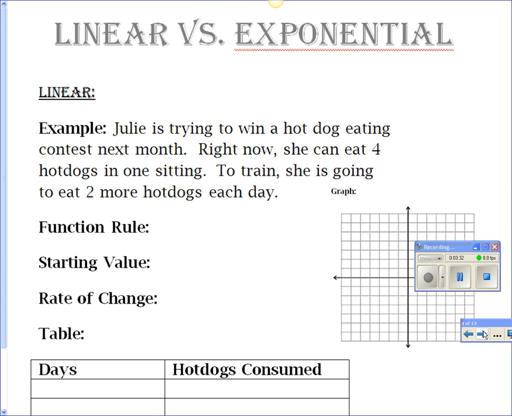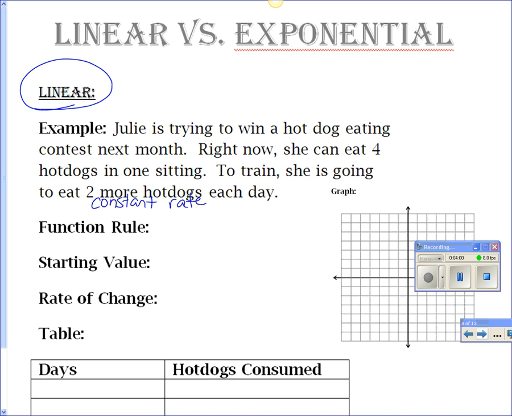So first of all, why is this linear? Because she's eating 2 more hot dogs. Every day she's going to eat 2. That's a constant rate. So that makes it linear. Okay, so that's the first thing I want you to understand. It's constant. That's what makes it linear.